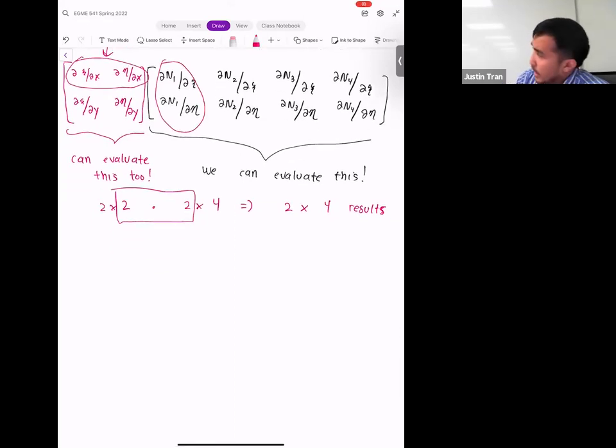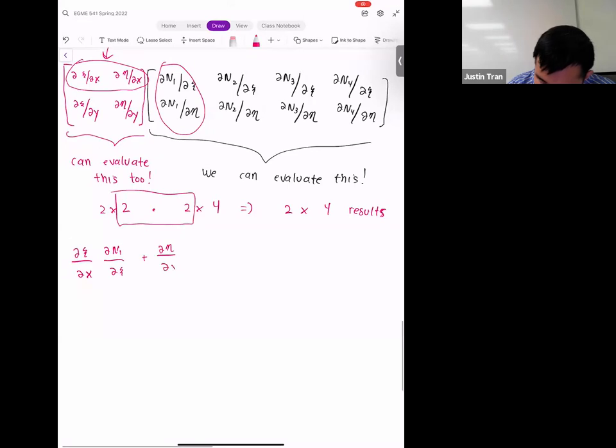If we multiply those two, we take their dot products, we get partial epsilon, partial x, multiplied by partial n1, partial epsilon, plus partial eta, partial x, partial n1, partial eta.